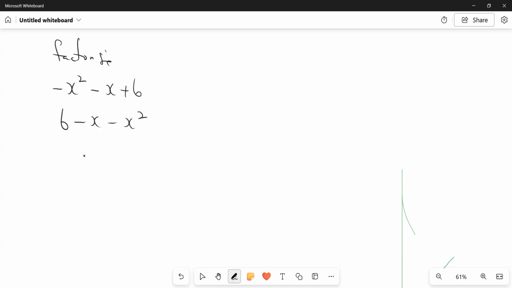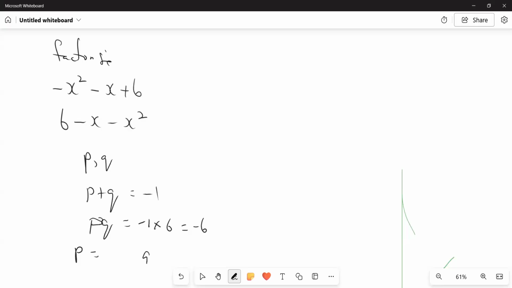But again, we're looking for two numbers, P and Q. The two numbers must add up to give you -1, and PQ must multiply to give you the number in front of x squared, which is -1 times 6, which is -6, right? When you add them, you get -1, and when you multiply them, you get -6. Can you think of those two numbers?